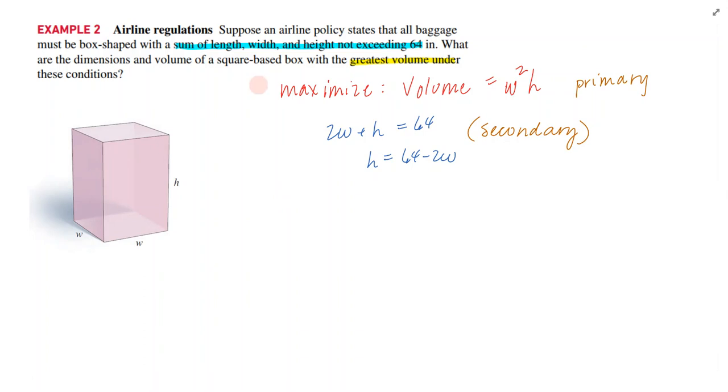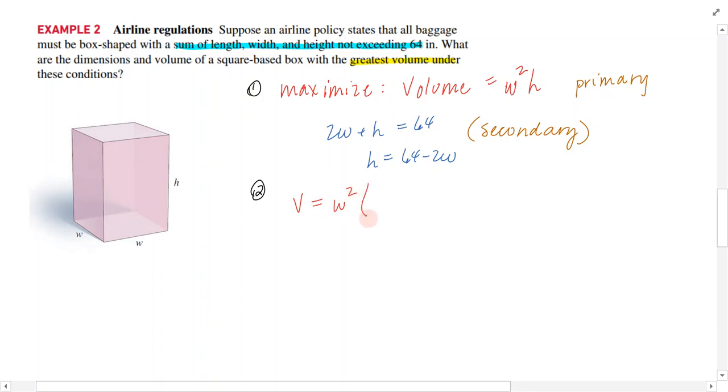So the first thing that we did is create our primary and our secondary equations. Now we're going to rewrite the primary equation, volume, in terms of a single variable, W. So I have W squared times H, but we are representing H with 64 minus 2W. Simplifying this, we have volume is equal to 64W squared minus 2W cubed.